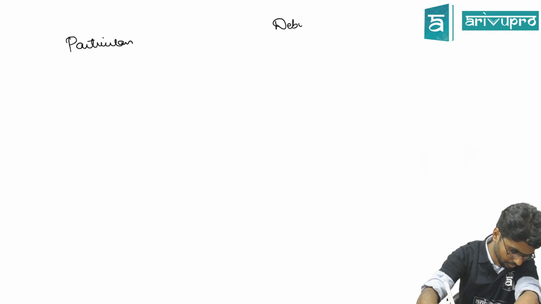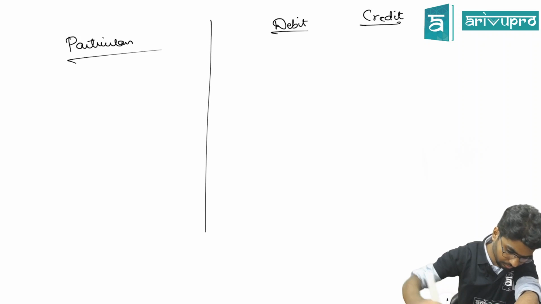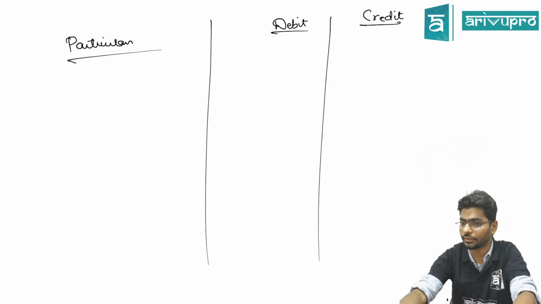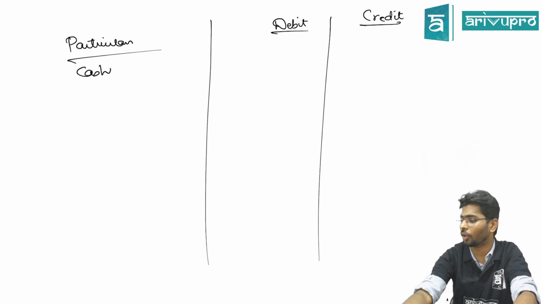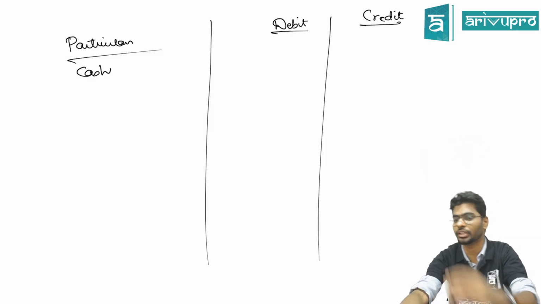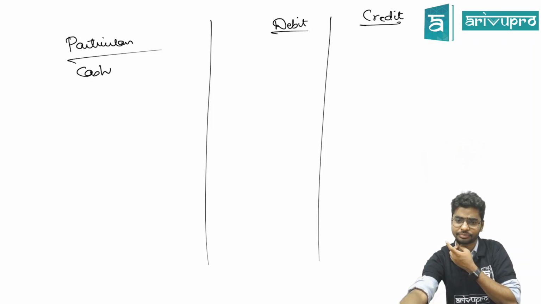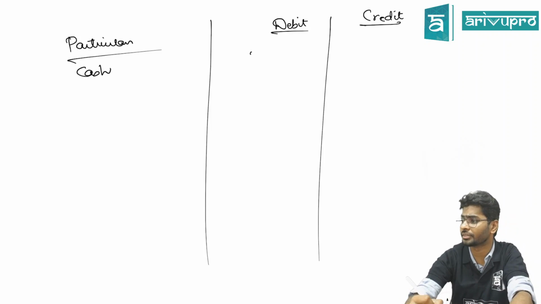Let me draw a trial balance. What is the format of a trial balance? Particulars, debit, credit. Now tell me a few items which will come on the debit and a few on the credit. Let me write cash, and I want somebody to keep a calculator so you can help me with the numbers. Cash, how much do you want? Debit or credit?